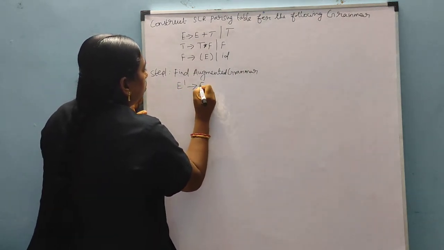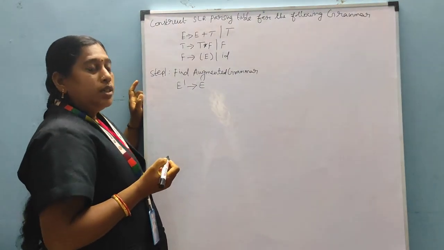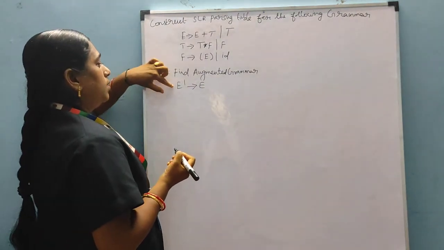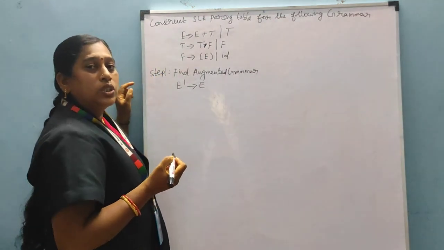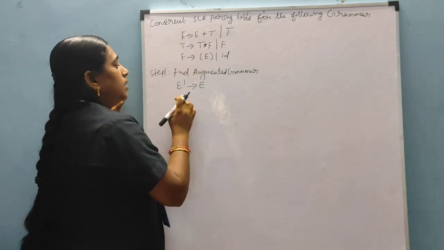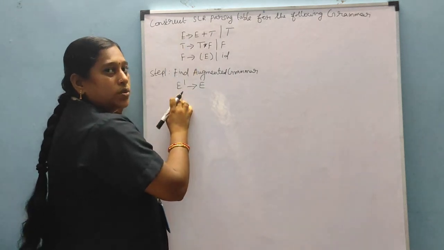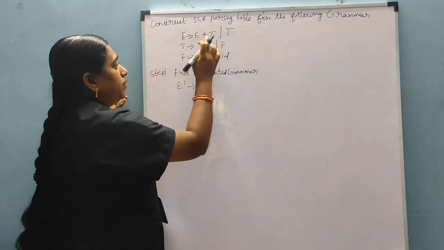E dash tends to E. That's all. In augmented grammar, we have to add this because of the start. Our rule is start symbol dash tends to start symbol. So I am adding E dash as the start symbol tends to start symbol E. Then the remaining grammar we have to write.